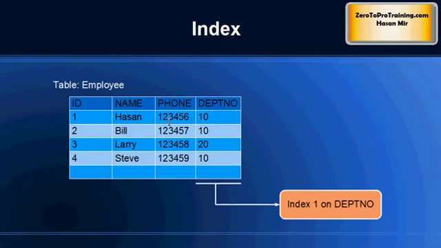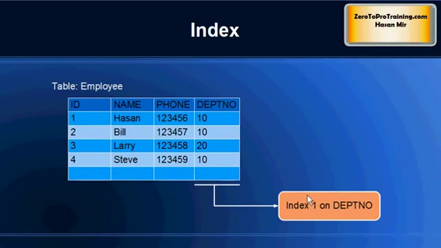When tables get very large and complex and we want faster retrieval of data with complex queries, we can create indexes. Indexes are another object in the database just like tables, and indexes store the address where the actual records are located in the database file based on certain attributes.